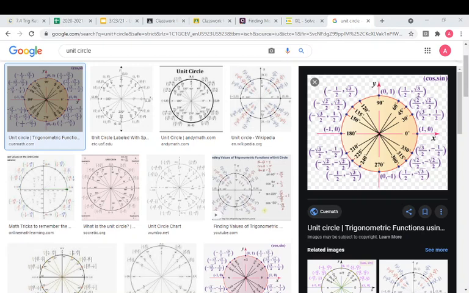This unit circle has 0 through 330 or 360 degrees. Start at 0, we go to 30, then 45, 60, then 90, then 120, 135, etc. Okay, and you notice at each of these locations, the 30-degree mark, the 45, the 60-degree mark, they each have an x comma y value associated with them, right?